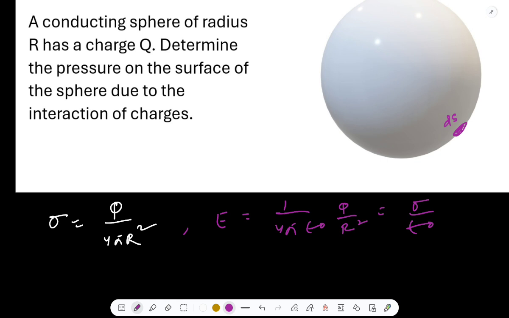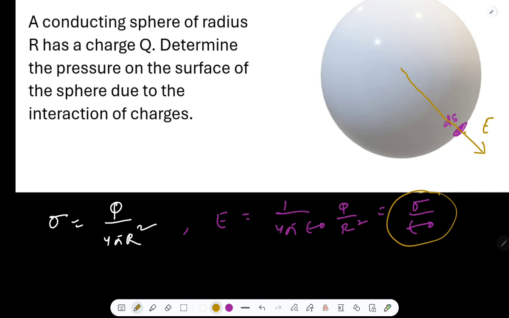So we have the information that the electric field just outside, or practically at the point itself, is in a direction radial to the sphere, and this electric field is nothing but sigma by epsilon naught.